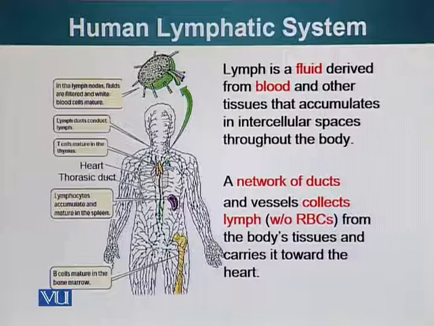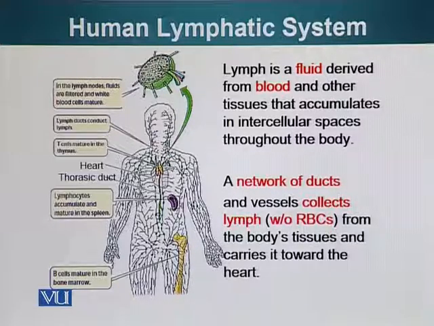Lymph is derived from blood and it accumulates in the intracellular spaces. So from these spaces, lymph is collected through a network of ducts, and this lymphatic fluid is then returned to the blood at a special blood vessel, which is the thoracic duct.